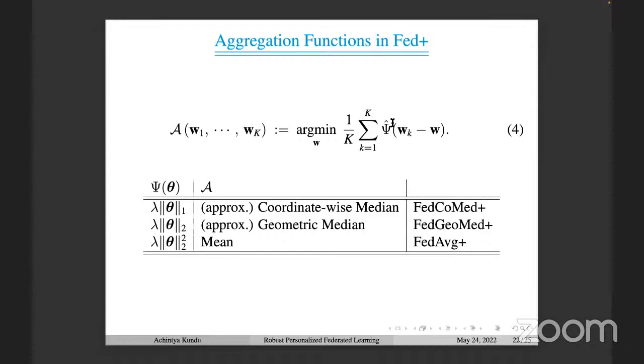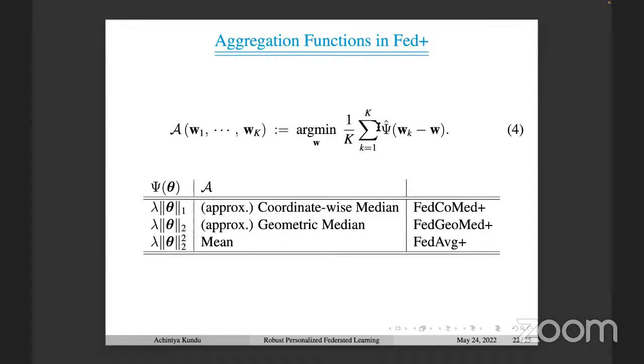In the paper RFA, they also compute approximate geometric median, because computing the geometric median is a non-smooth problem. Psi is just the 2 norm, so it's non-differentiable, whereas psi cap is a smooth version of psi, and it will provide you an approximate geometric median. Also, computationally, this is easy to calculate because of the smoothness.